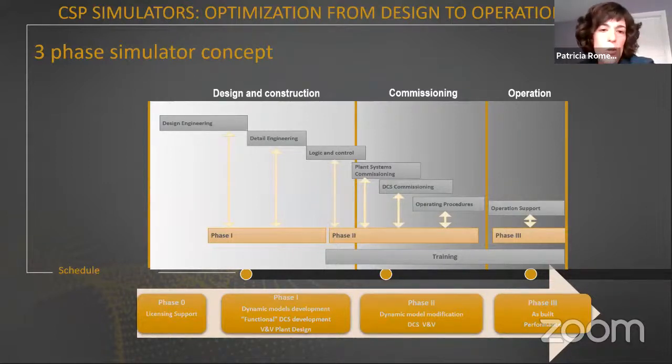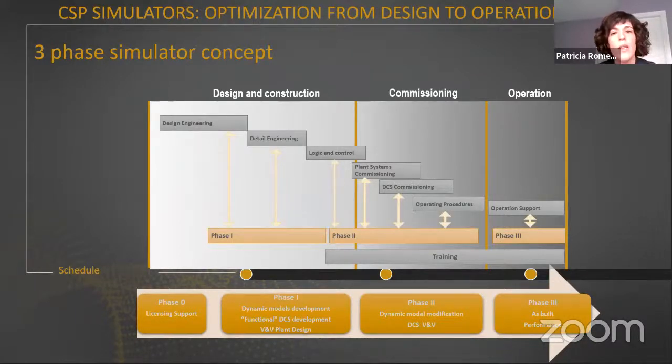We also can use this simulation platform to do the system commissioning, to integrate all the pieces, all the components, all the systems together, and to test it in a very dynamic way. We also support the operating procedures in this phase.